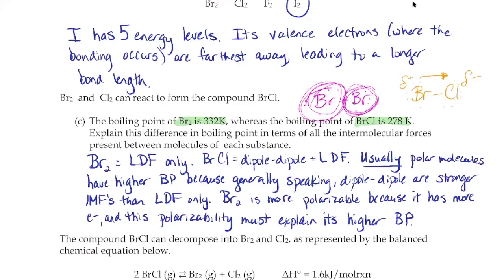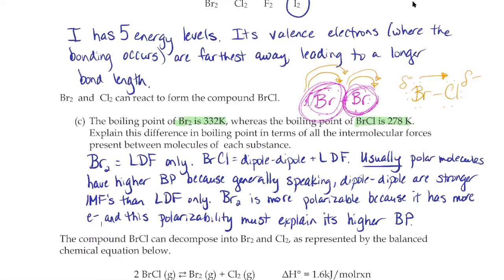The reason why we could turn that on its head, that generally polar stuff has stronger IMFs than nonpolar stuff, is the idea of polarizability, which is all about that bromine, the Br2, has more electrons than the BrCl does. And as a result, we end up getting more of that temporary buildup of charge. More LDFs are possible when you have lots of electrons. And that concept is called polarizability.